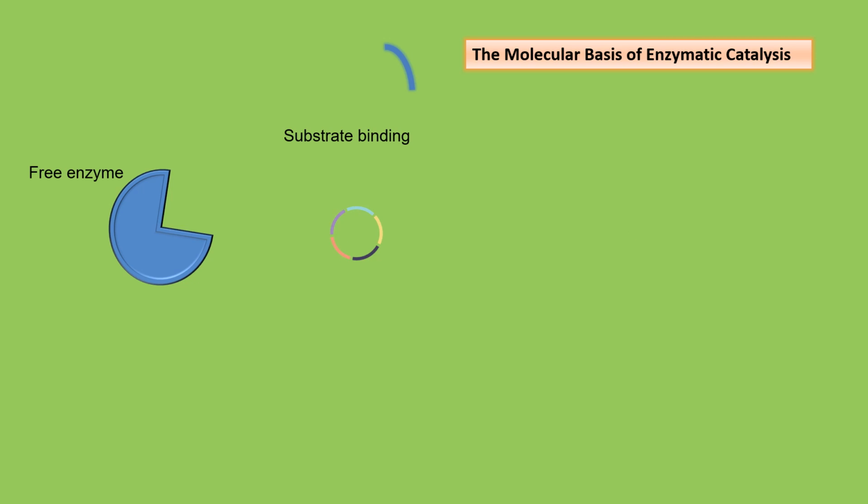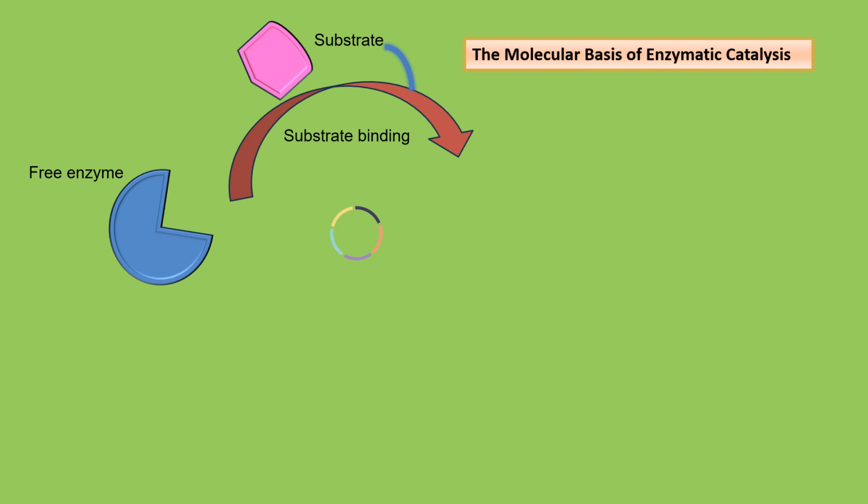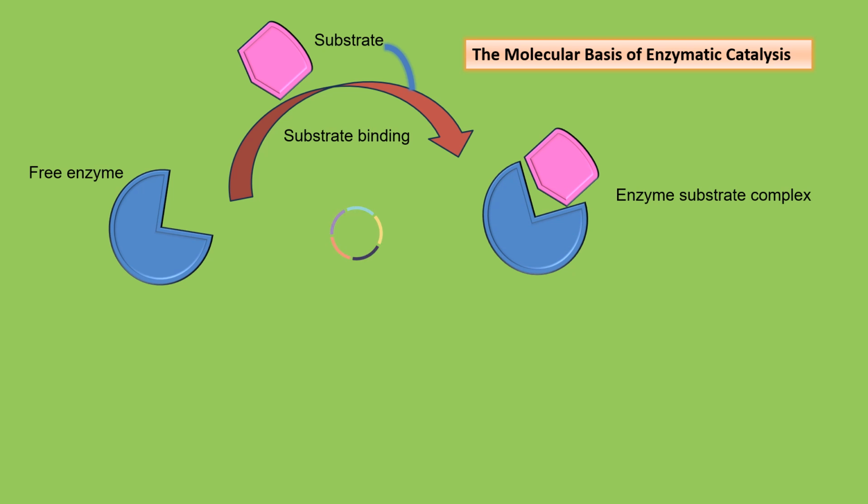Let's have a look at the molecular basis of enzyme catalysis. The entire process begins with the presence of a free enzyme which undergoes the process of substrate binding. This means that the enzyme binds to a substrate at the active site, forming an enzyme substrate complex.